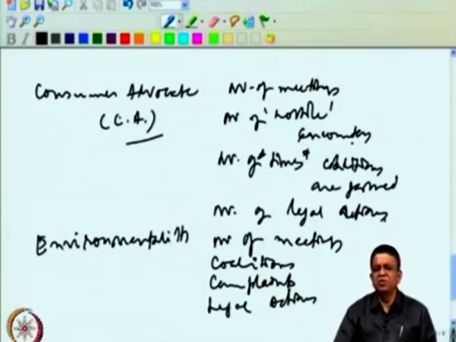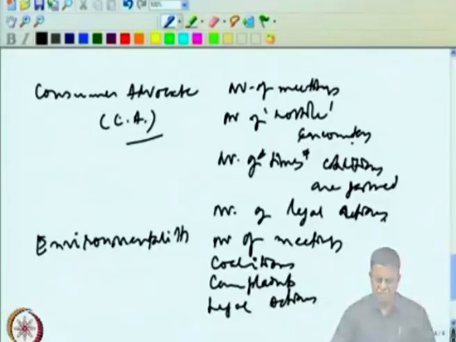The company might have to deploy some of its resources to address these issues. And a number of times these environmentalist groups call for help, that is, they keep on calling the company saying that such and such a thing has happened. Now, you have not addressed this issue. Then the company is really put on the defensive or put on the back foot. These are the types of issues which you might be looking at.